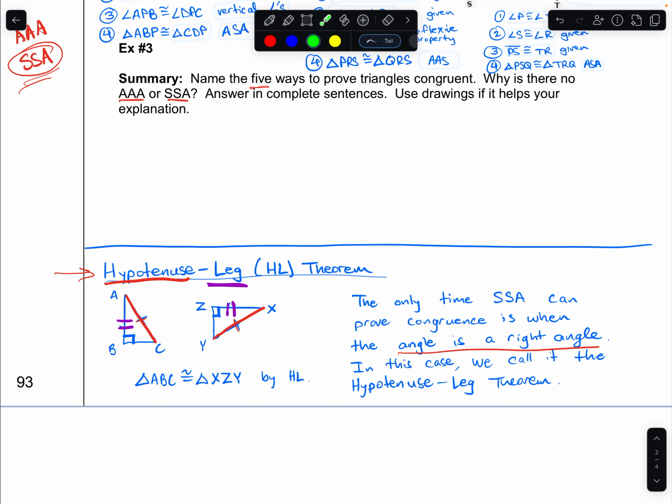Then this is technically angle side side, angle side side, which typically doesn't prove congruence, but when that angle is right, it's enough to prove congruence. When that angle is 90 degrees, we can say the 2 triangles are congruent by the hypotenuse leg theorem.